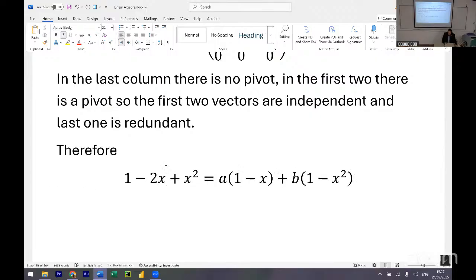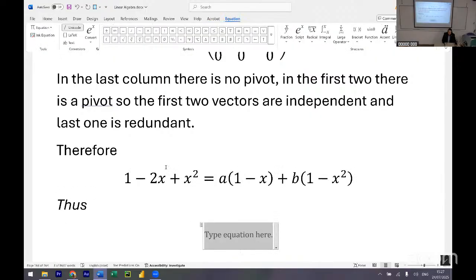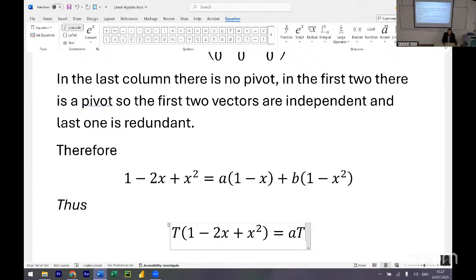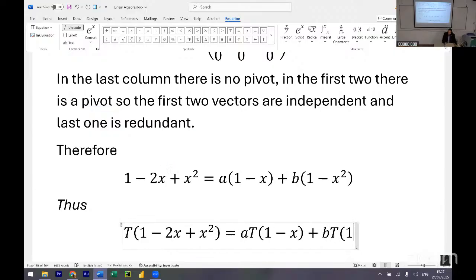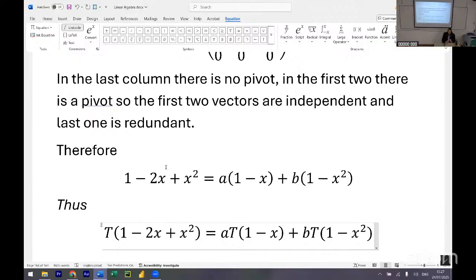Therefore, if you apply the linear transformation, you ought to get a times the linear transformation of 1 minus x plus b times the linear transformation of 1 minus x squared. That's the whole point about linear transformations: they behave like multiplication of matrices, and you can use the distribution law.